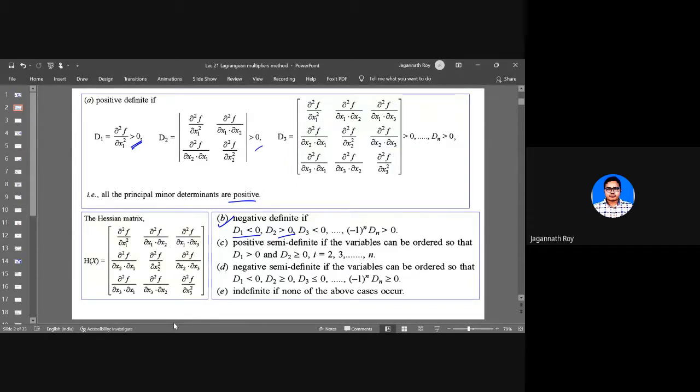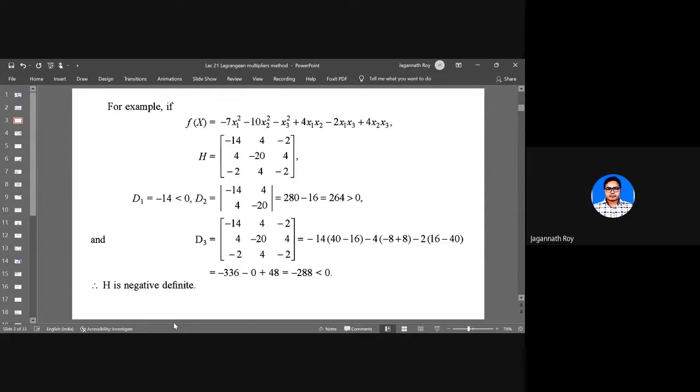For positive semi-definite, the minors are greater than or equal to 0, where at least one of them is 0. Similarly for negative semi-definite, D1 will be less than or equal to 0, D2 greater than or equal to 0, and D3 less than or equal to 0. These conditions are very useful to verify whether the given function is convex or concave.